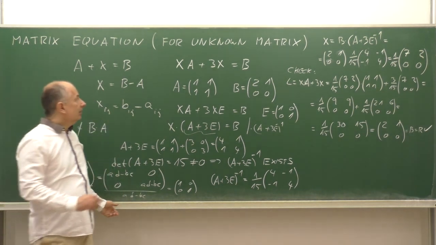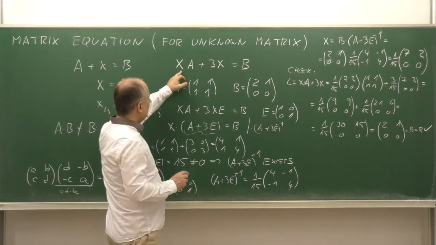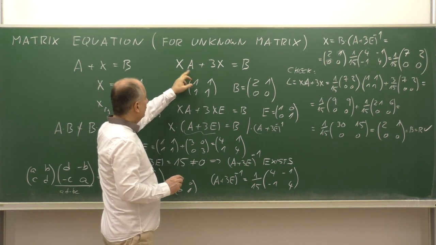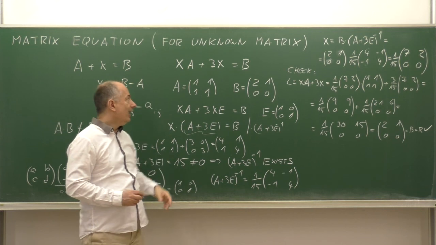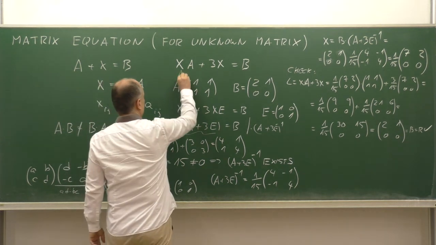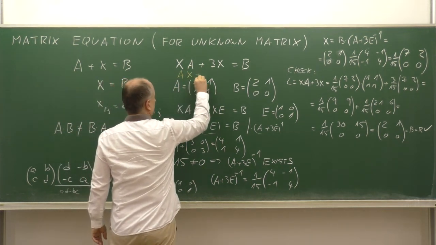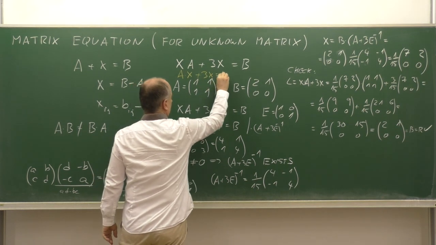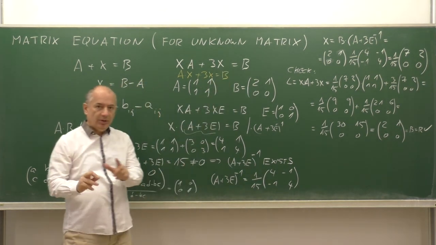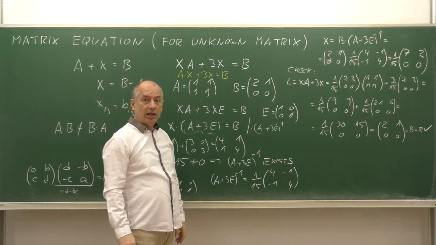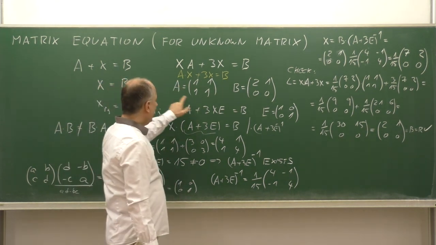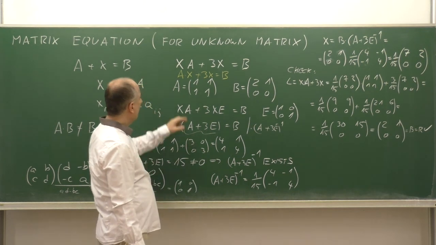Note that if we change this equation by swapping X and A, so that instead of X times A we have A times X, then for numbers that makes no difference. But for matrices, it does. A and B are the same.